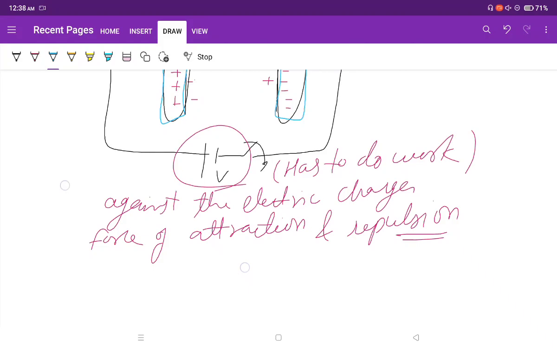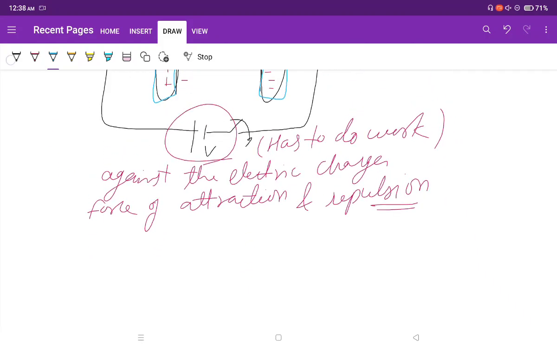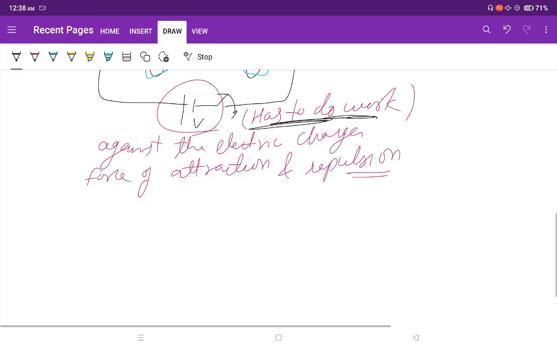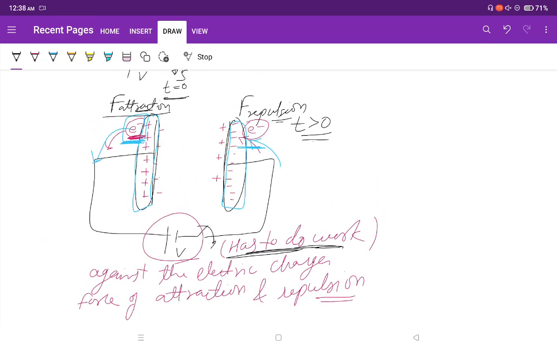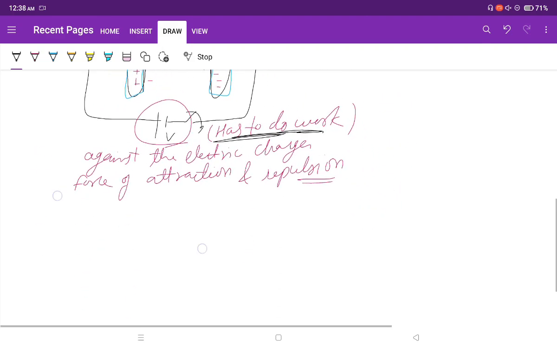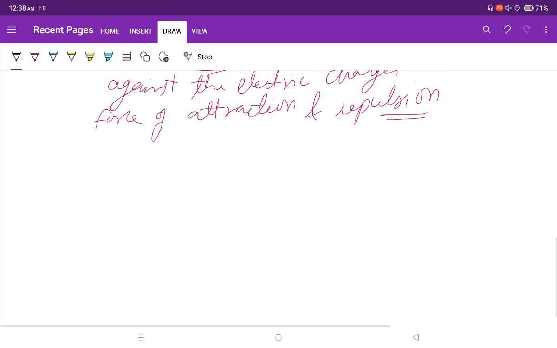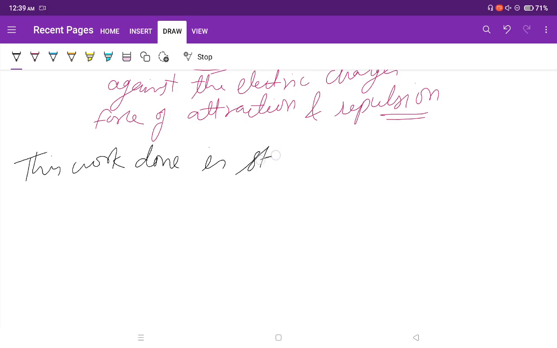Now you see, this work done by the battery against the electric charges, repulsion and attraction, is stored. This work done is stored in the form of energy.